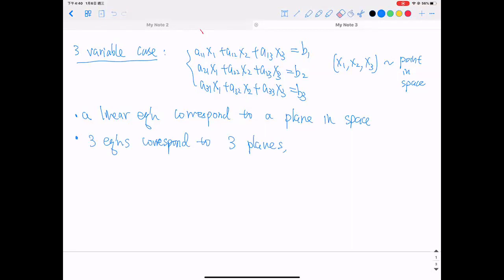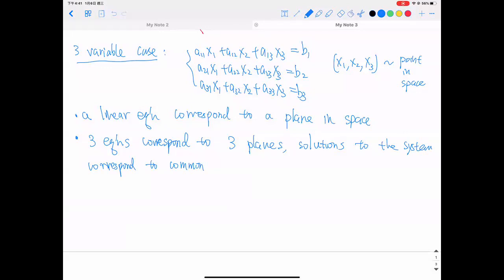Just like the two variable case, solutions to the system correspond to common intersections of these planes, because points on a plane are solutions to the corresponding equation.